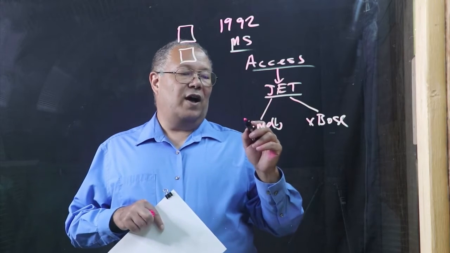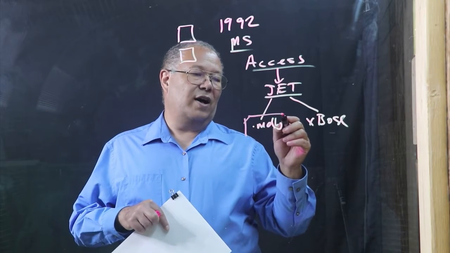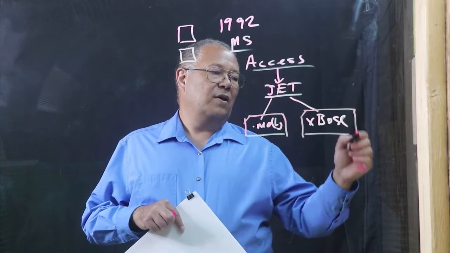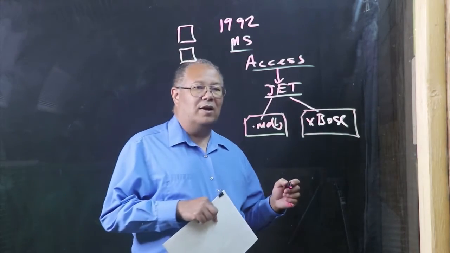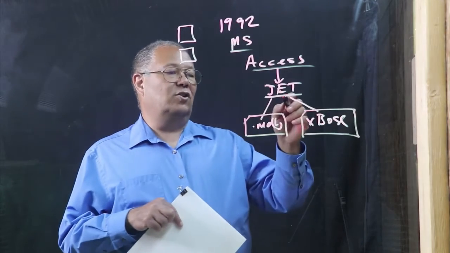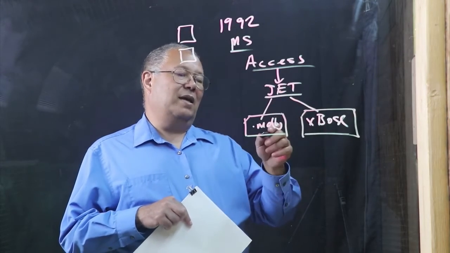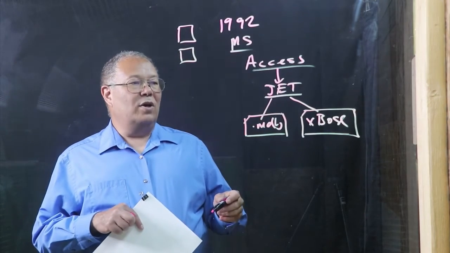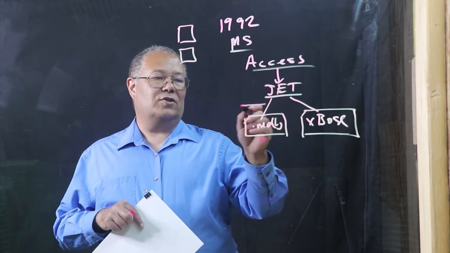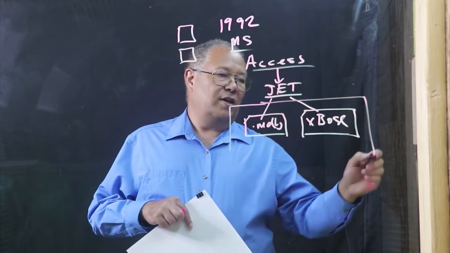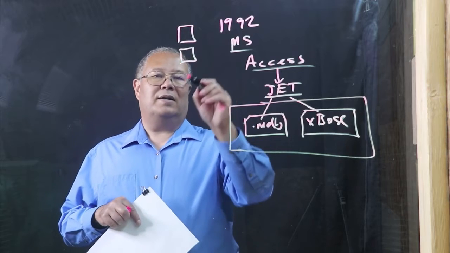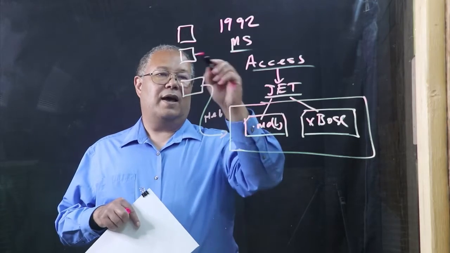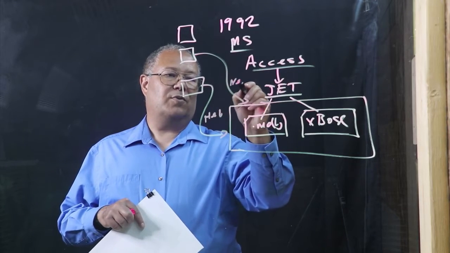Now, all of the file data is stored in files. And if you have multiple people accessing this, the way that you can lock it is by locking the file, so that each JET engine only gets to update one at a time in the data in the database. And they wanted to put this across a network so that this was on one box, but this application over here could access it across their network, and this application could access it across the network.